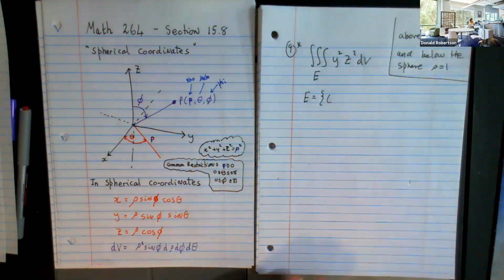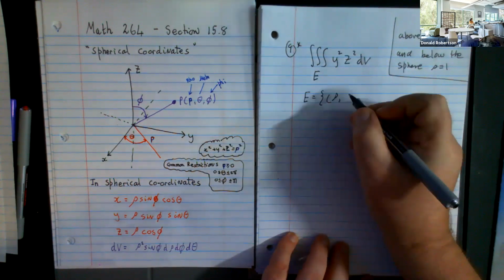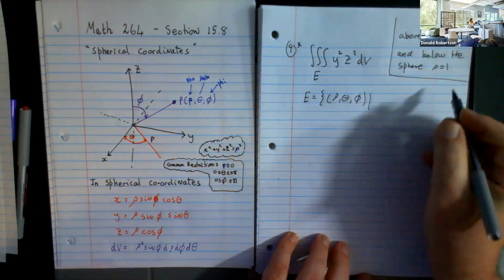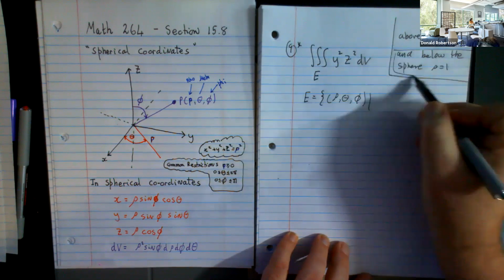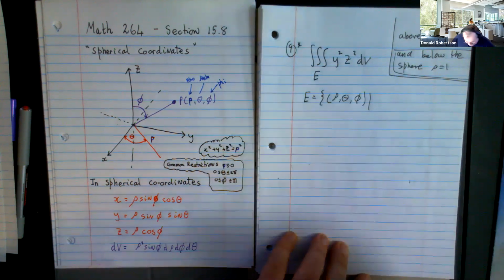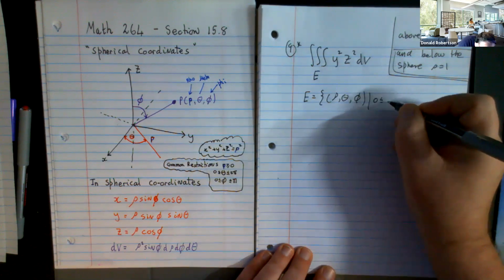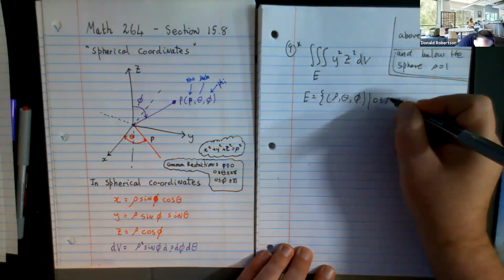Kind of cryptic. Rho, theta, phi. Okay, so if you're talking about a sphere below rho equals 1, I'm assuming all you're talking about really is that.